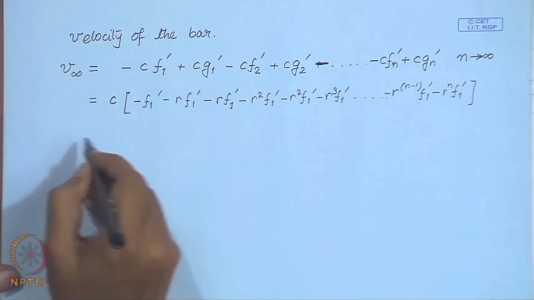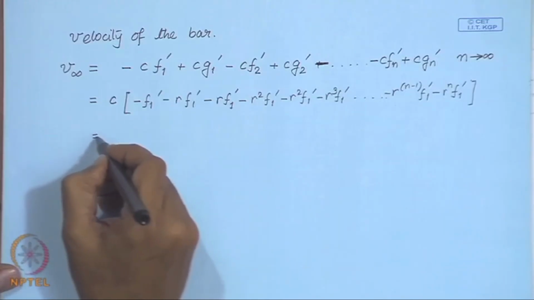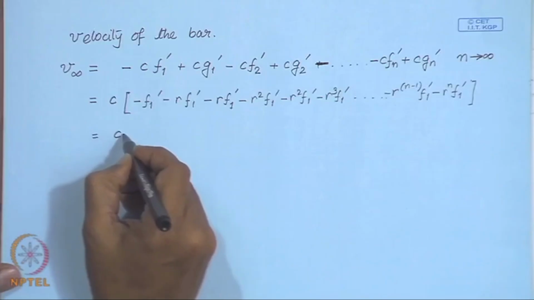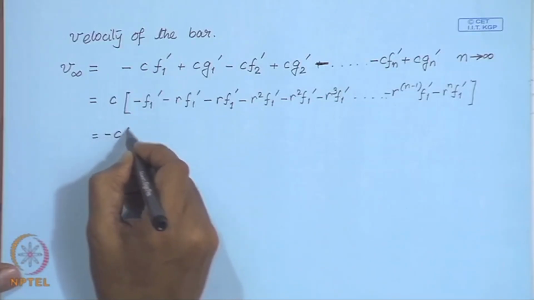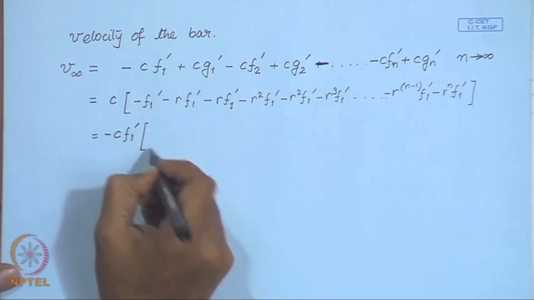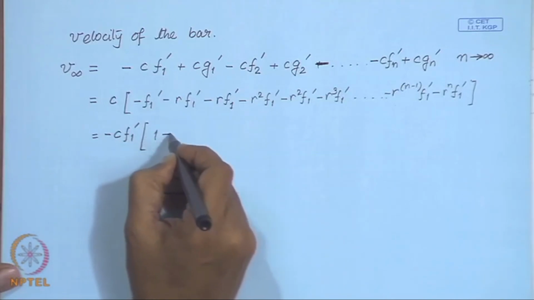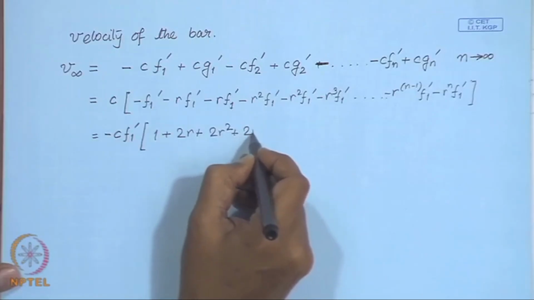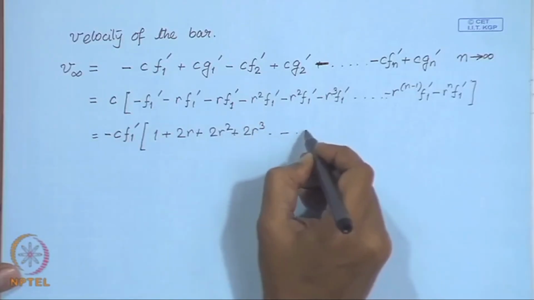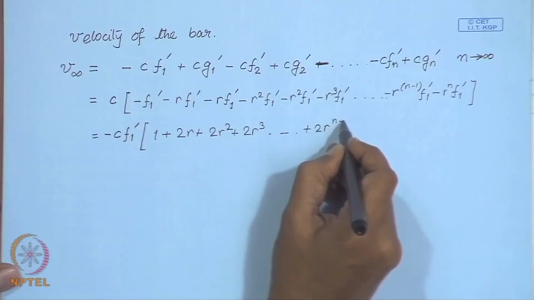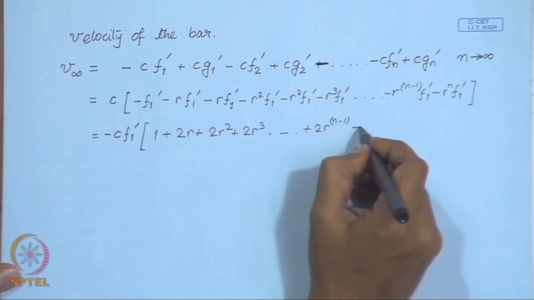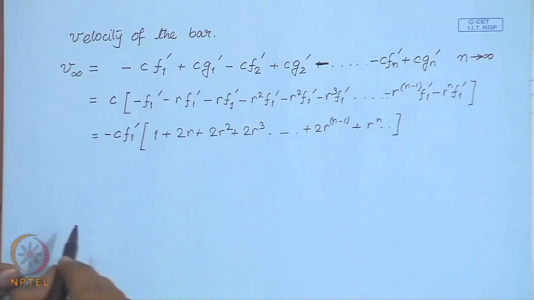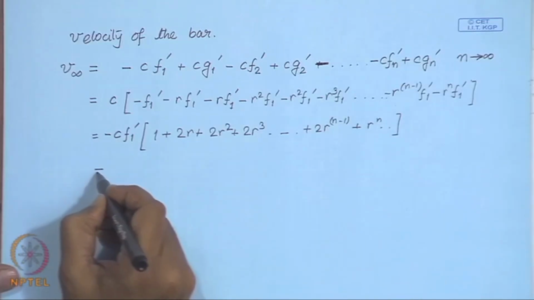So, we have this infinite series, and if you simplify this further, and this can be summed up.